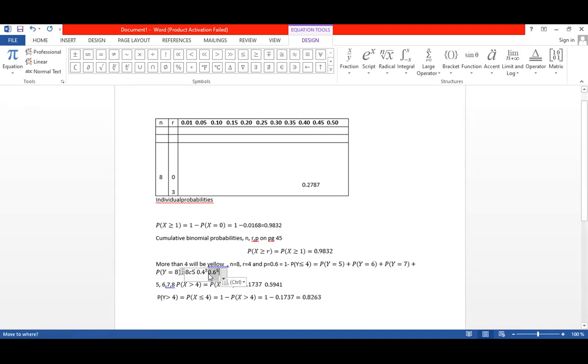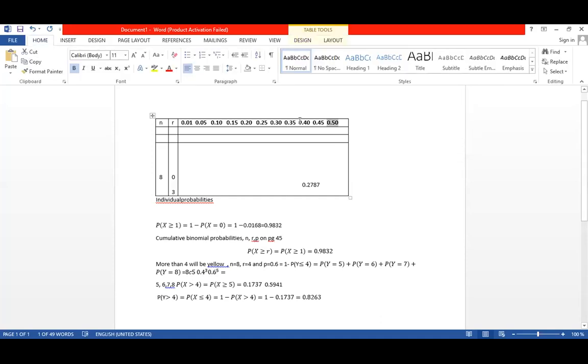Are you seeing what I'm trying to do? When the 5 are yellow, it means the 3 are red. Because our logbook does not go up to 0.6, we go to 0.4 and make it the probability of success.